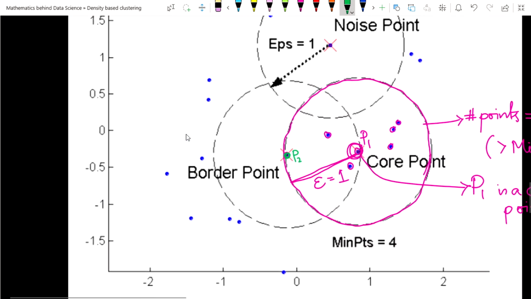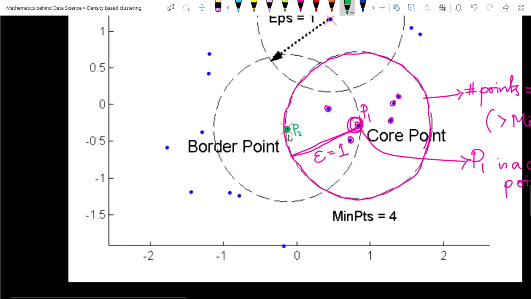Now let's try to understand the P2 point. Using the epsilon radius, I use the deep green color to denote this circle around the epsilon radius.